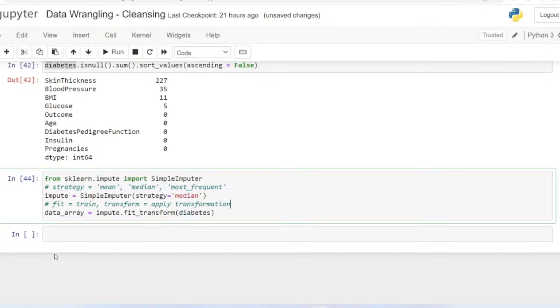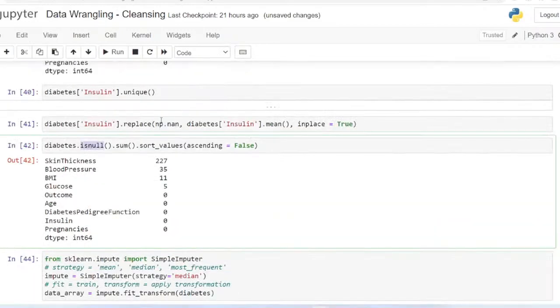Once we are done, we can just check it, and you'll see that all your missing values are gone. Why is the value of insulin showing 0? What is this showing? It is null.sum.